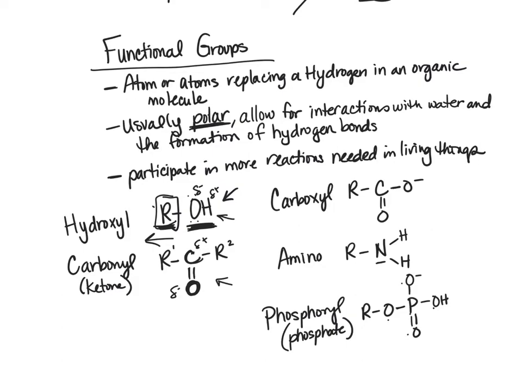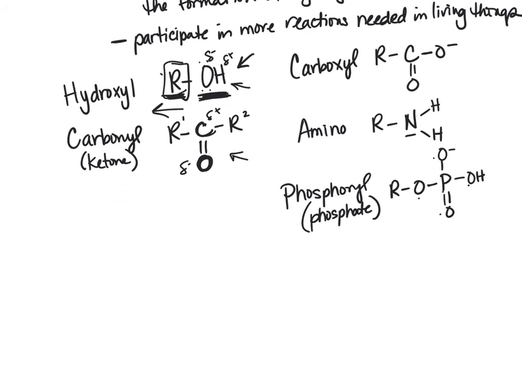So let's take a look at these a little bit closer up. Those are the 5 functional groups that you're responsible for knowing. Let's take a little bit closer look at them. So we have our hydroxyl group. And remember, the hydroxyl group is our OH.